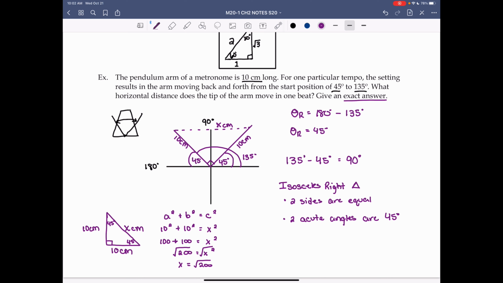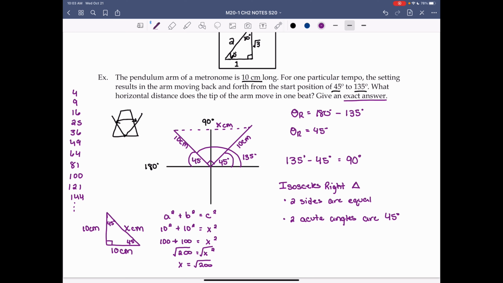Reminder about simplifying radicals: it's a square root, so we need a list of perfect squares. 2 squared is 4, 3 squared is 9, 4 squared 16, 5 squared 25, 6 squared 36, 7 squared 49, 8 squared 64, 9 squared 81, 10 squared 100, 11 squared 121, 12 squared 144, etc. We need to find the biggest perfect square that can divide our radicand, which is 200.